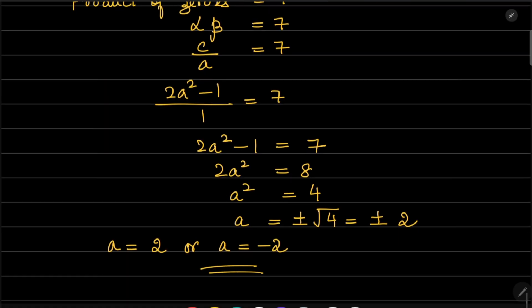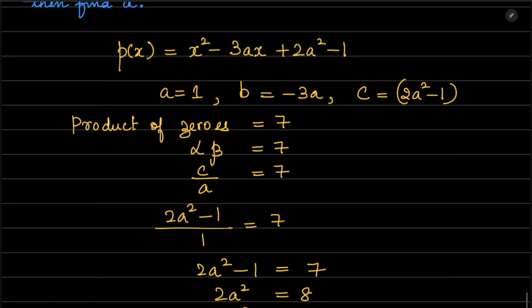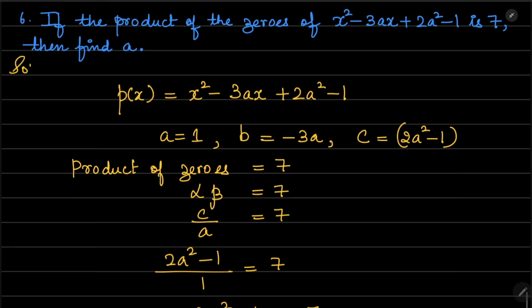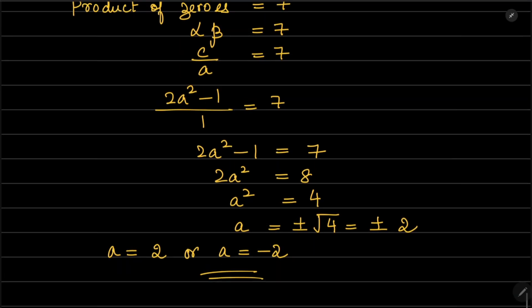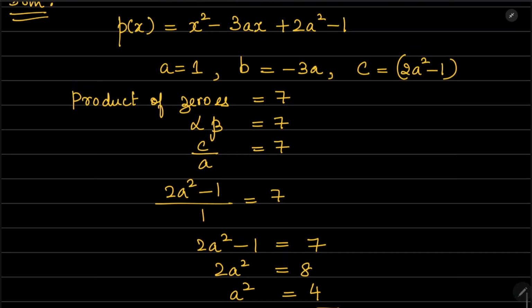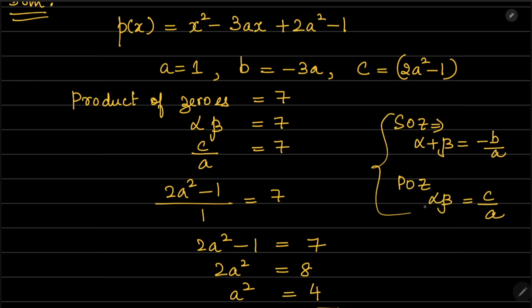Okay, I hope you understood. So these are very, very good questions that are in your second chapter, polynomials. So you have to practice it more. Okay, sum of the zeros equal to, what is it? Alpha plus beta equal to minus b by a. And the product of the zeros, alpha beta equal to c by a. Very important formula.